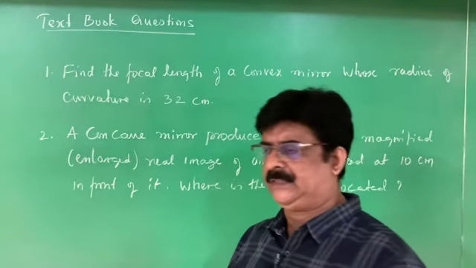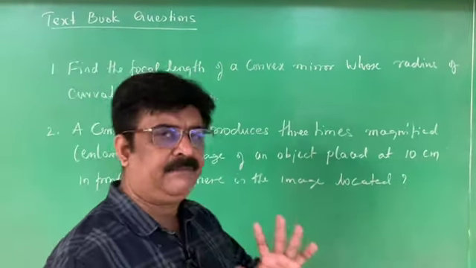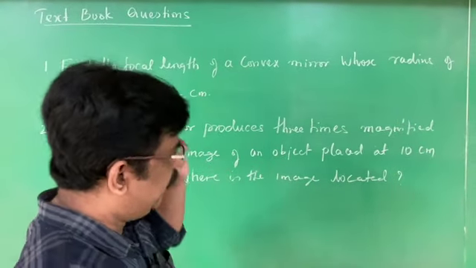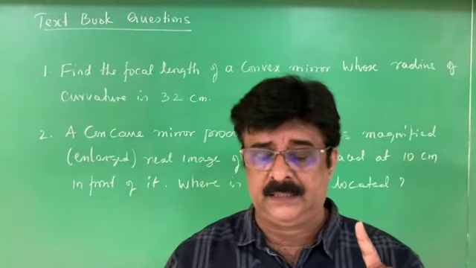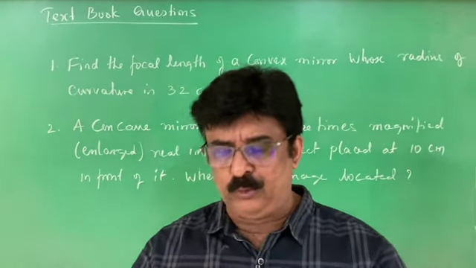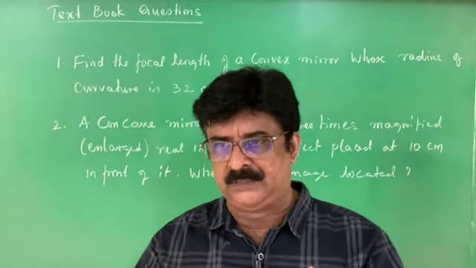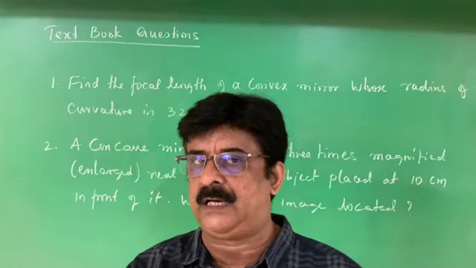Very simple questions are given in the textbook. Don't say that these questions are difficult. These questions are very easy, and always try to understand this. Any student in your classroom, you imagine a student who is able to solve problems of science, definitely that student is a very brilliant student of the classroom.